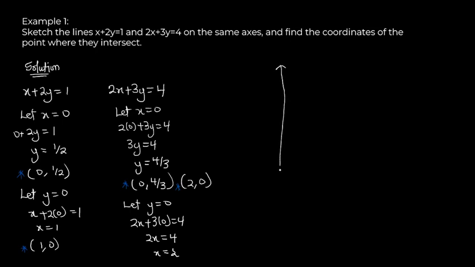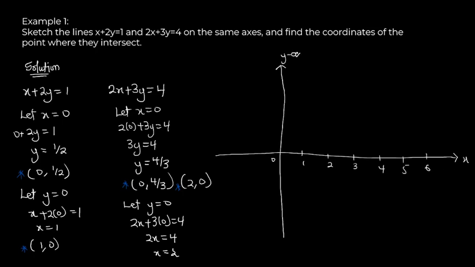Just a rough sketch of my Cartesian plane, and then I have here 0, 1, 2, 3, 4, 5, 6. This is the x-axis, this is the y-axis. Then I have from here 1, 2, 3, 4. I have -1 here, -2, -3, and so on.